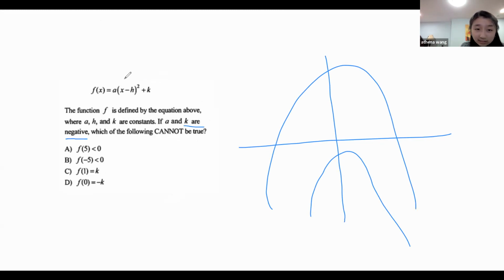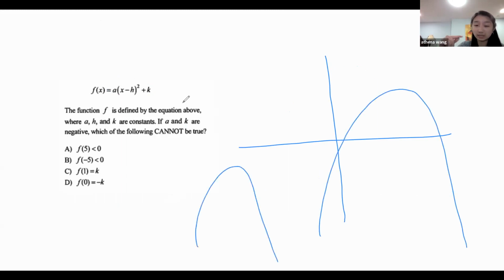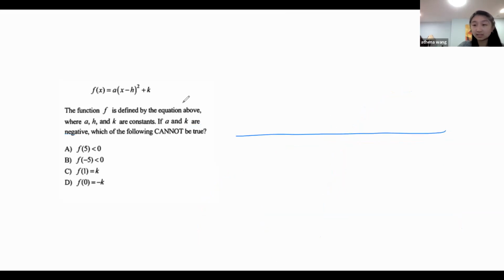And remember, since this is in vertex form, the vertex would be at h comma k. So this parabola can be anywhere like this, but at h comma k, that's where the vertex is going to be. But k, which is the y value, is negative. So it's somewhere below the x-axis.